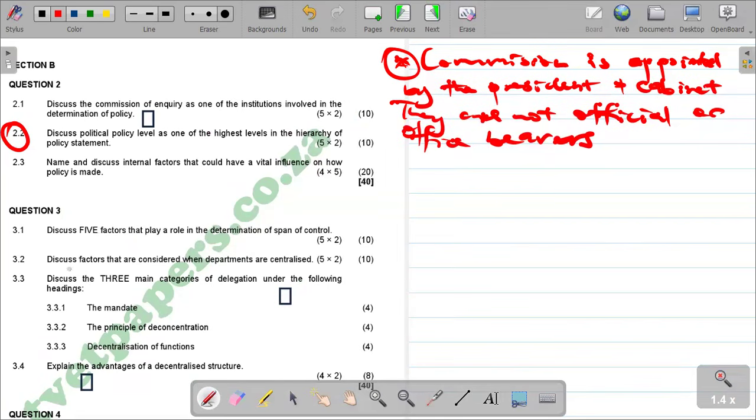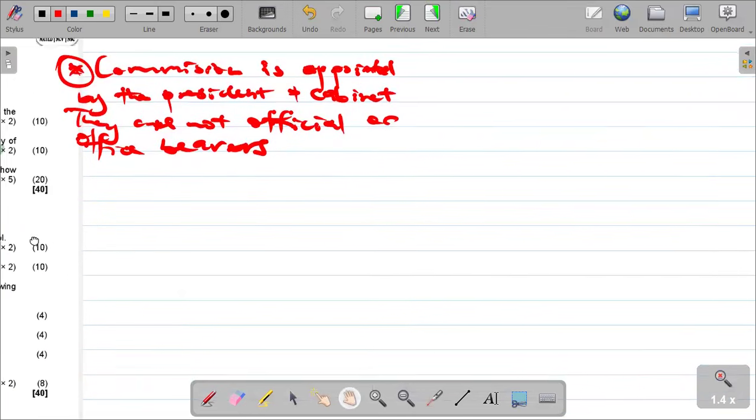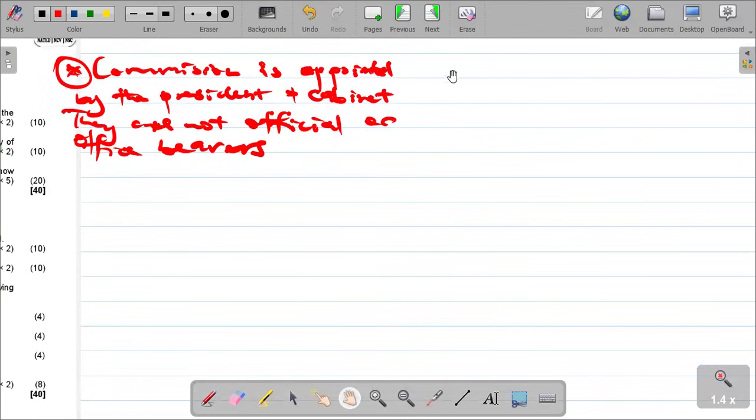So what we need to look at is question 2.2. What we need to understand is that it is always the highest policy level in the public sector, the political level.